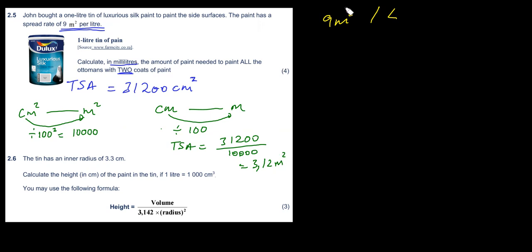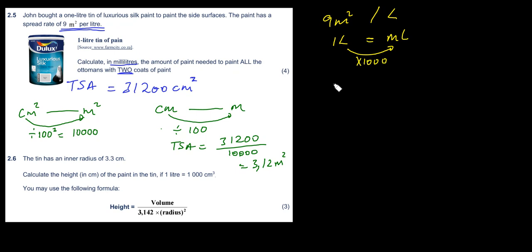In this case we can convert: 1 liter is equal to how many milliliters? We can convert first to milliliters, so we multiply by 1,000.